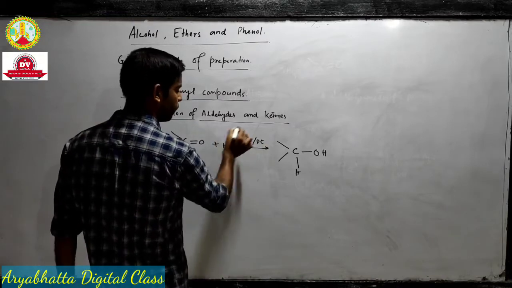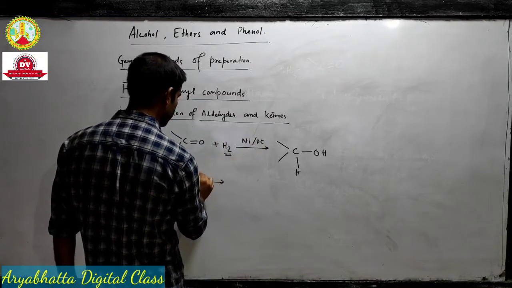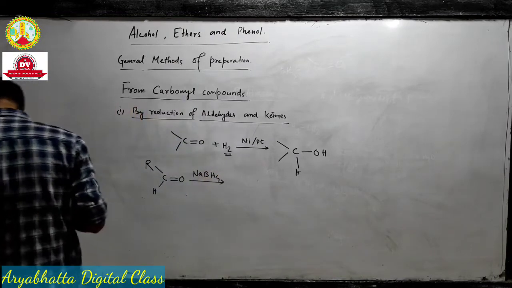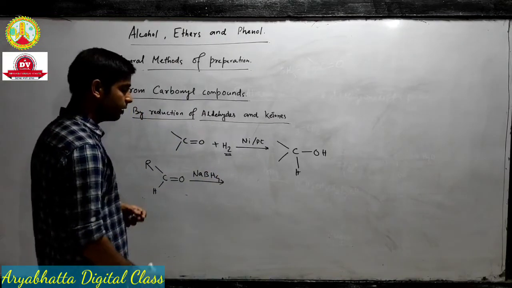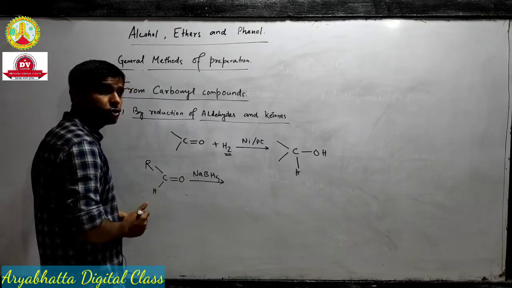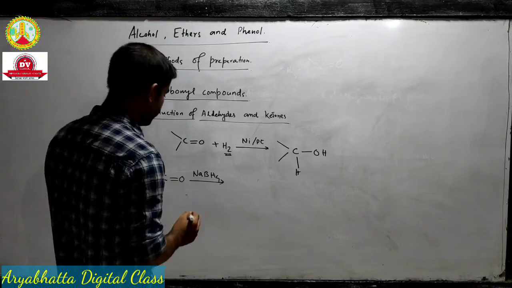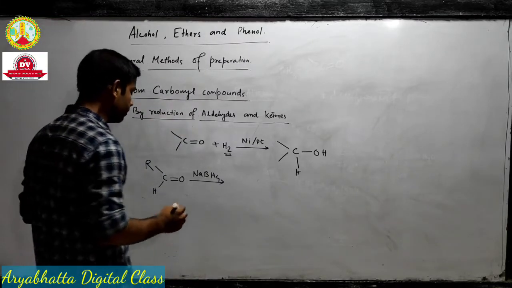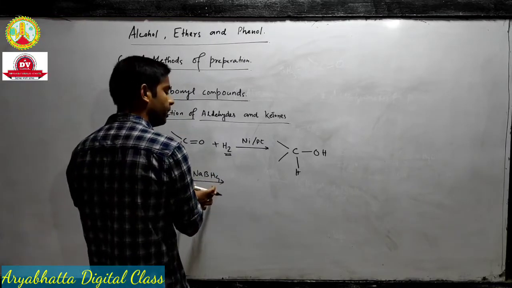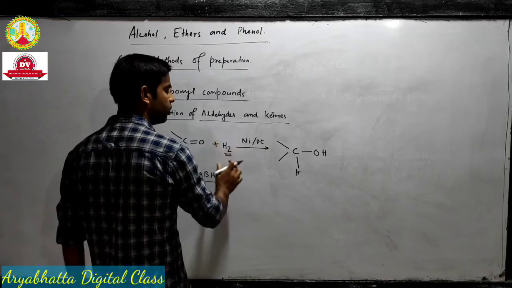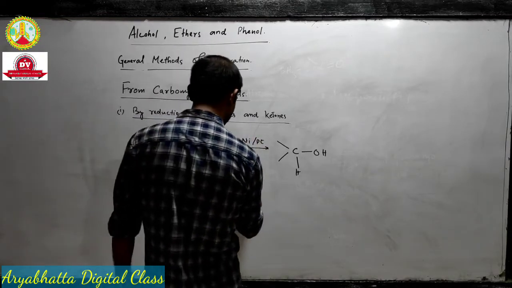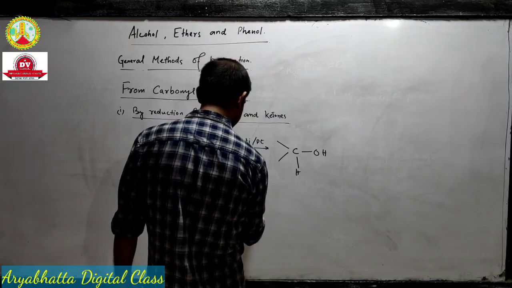Now instead of this catalyst, we can even use a reducing agent like NaBH4, sodium borohydride. Sodium borohydride will do the same thing as hydrogen in presence of catalyst. So we will get a result like this.